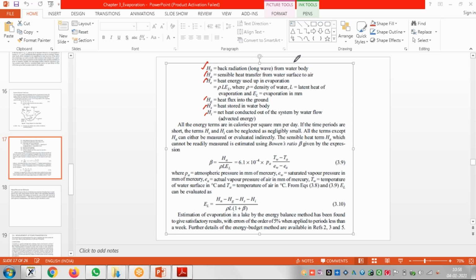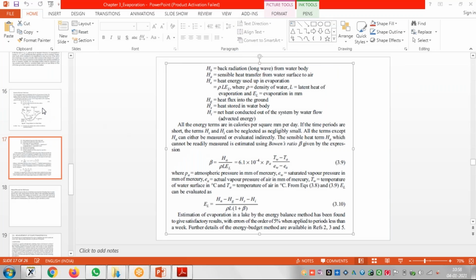HB is the back radiation from the water body. Suppose this is our water body. Some of the energy is coming, some is going out, and some is absorbed by the water body, right? So every detail is given for the energy budget method.